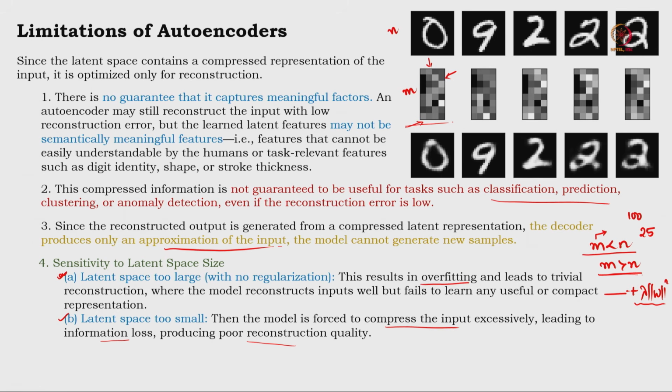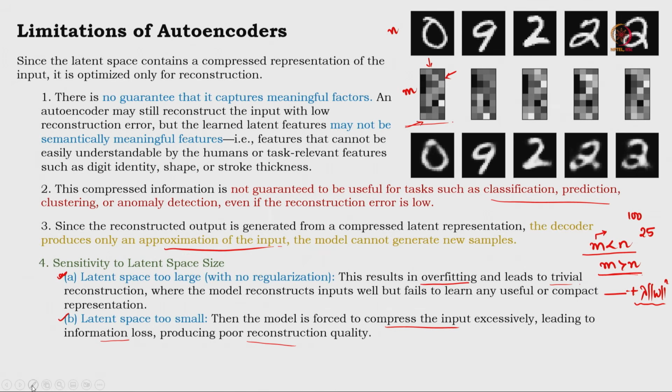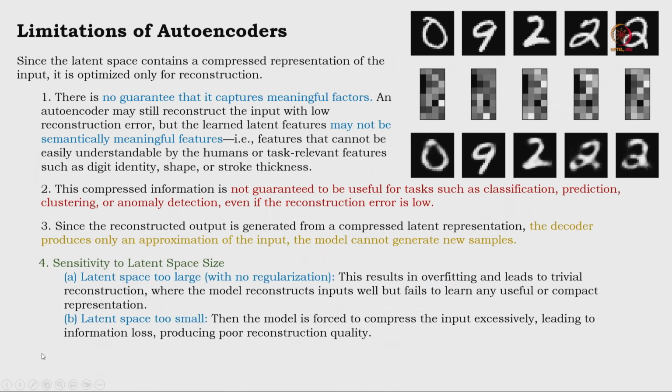And whatever reconstruction we are getting is a trivial reconstruction. What do you mean by trivial reconstruction? There is no proper learning that has taken place. Whatever the input, it is a kind of rote memorization, and it produces the output. So the model is not able to learn how to reconstruct when m is very much larger than n. So all these are the limitations of autoencoders.